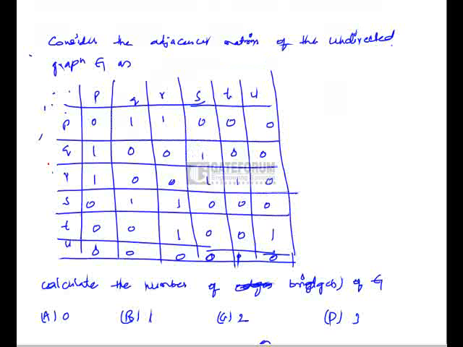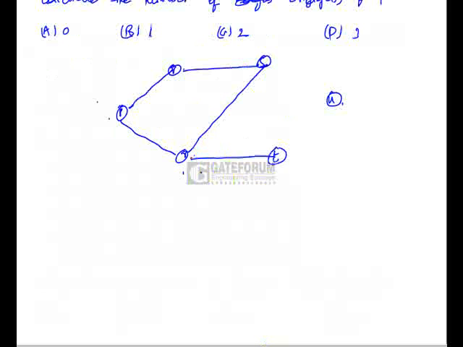Now let us go into the row S. We can see there is an edge between S and Q, and S and R. Here we have already drawn those edges.